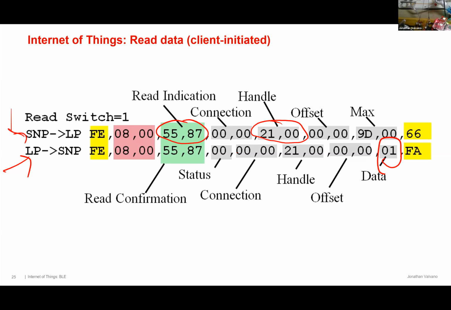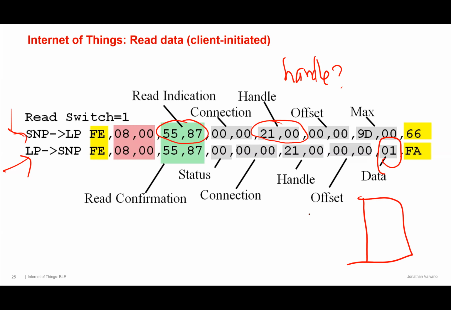Okay, so I did ask that question before. What's a handle? A pointer to an object. Yeah. A handle is usually more than a pointer to one piece of data.